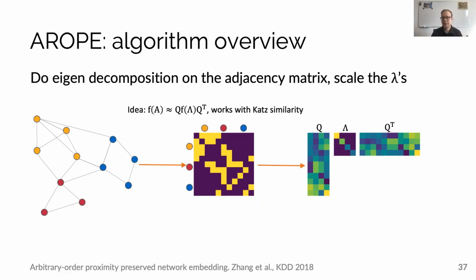So just scale the singular values and then multiply and then sum together these things in an efficient way such that we get the approximation of the real similarity matrix. So the embedding is basically just a weighted combination of the eigenvectors Q of the graph and the scaled eigenvalues lambda.